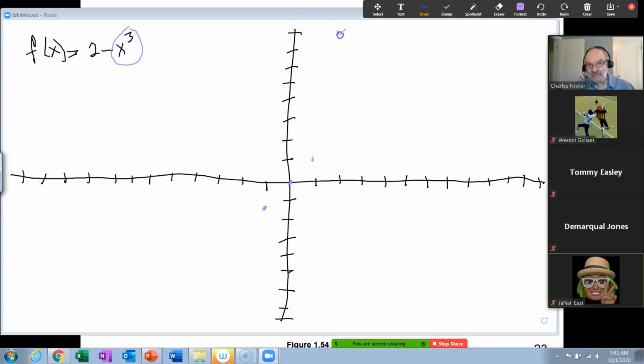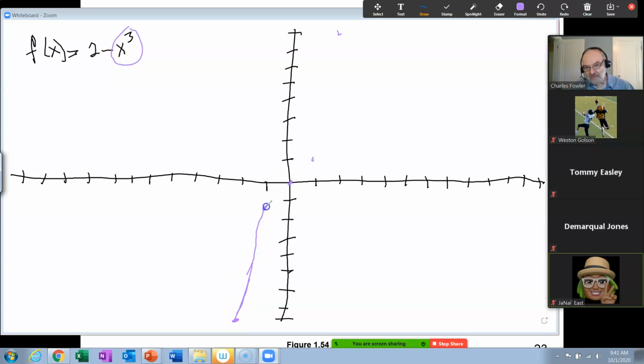When x is negative 2, negative 2 cubed is negative 8. 1, 2, 3, 4, 5, 6, 7, 8. Barely got that one on there. Boy, I lucked out today, didn't I? So it's down here somewhere underneath 2. Okay, so this comes up. I'm drawing backhanded again.